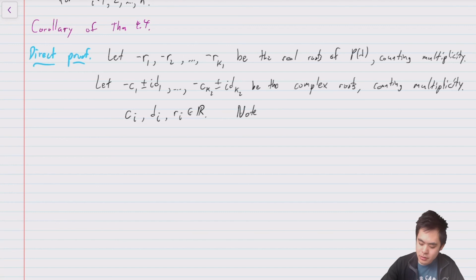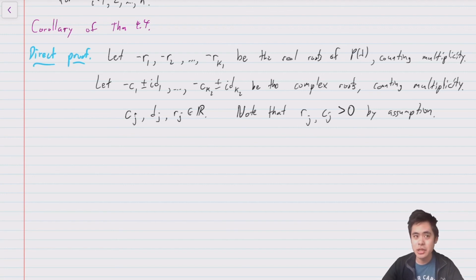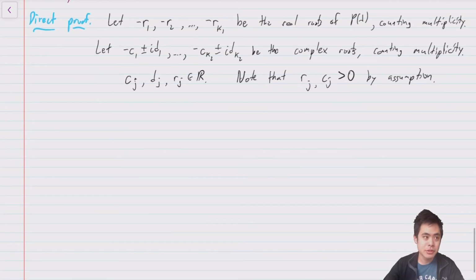Actually, let me not use i, because i is being used for the complex unit. Let's use j here: cj, dj, and rj. Note that rj and cj are both greater than 0 by assumption, because that was our assumption that they had negative real parts, and of course we put a minus sign in here. So rj and cj are strictly positive.